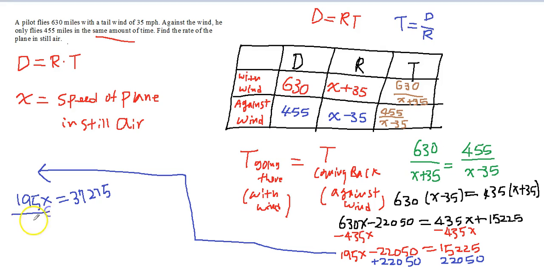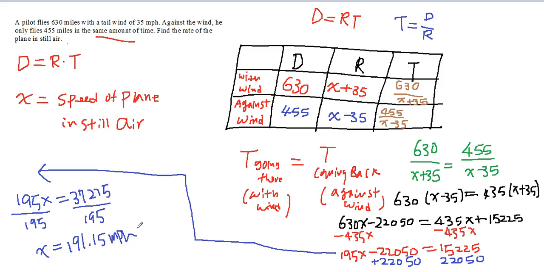Now we're going to divide by 195. So x is going to be about 191.15 miles per hour.